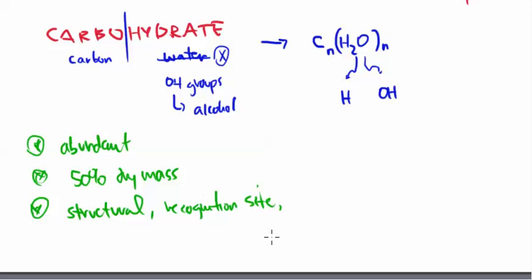And these doorways are these recognition sites that we will see a little bit later on in the future. Not only that, but carbohydrates also serve as an energy source. So we get our energy, we move around because we ingest and we use carbohydrates as some of our energy source. It's not the only energy source, but it is one of them.